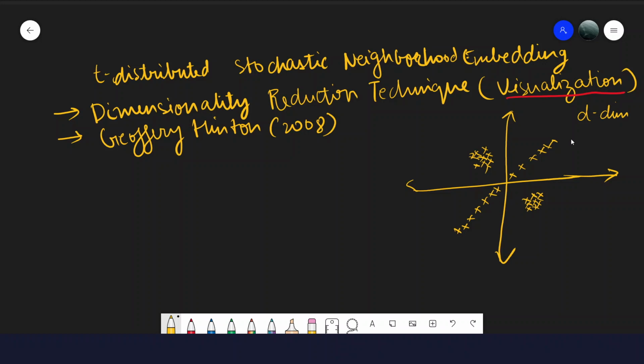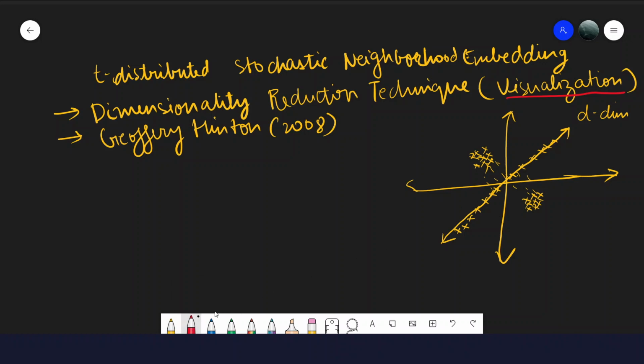Now, if I try to reduce the dimension of this data set using PCA, it will try to maximize the variance. In order to do so, it will project all of these points on this axis to maximize the variance. Variance maximization basically tries to preserve the global structure of the data set.